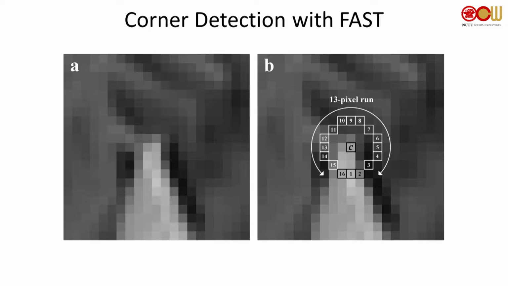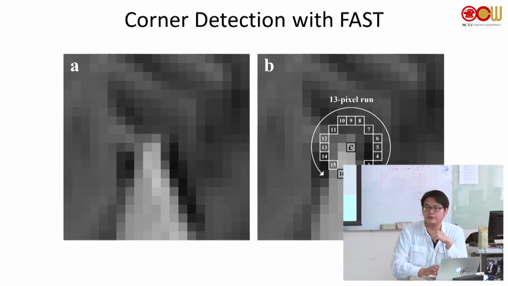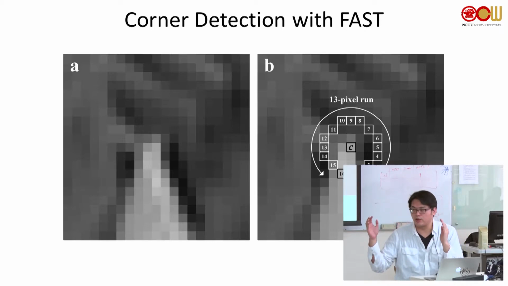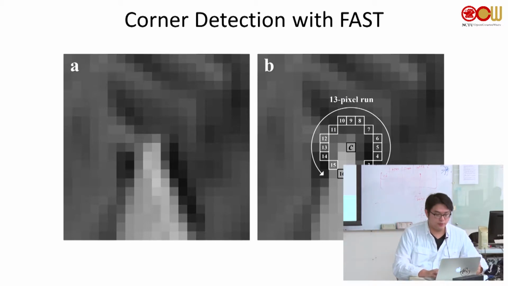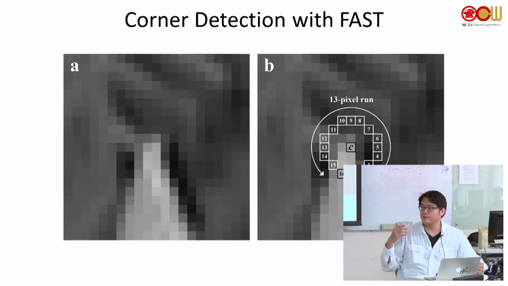So we will have a string composed of zeros and ones, for example 0, maybe 0, and then 1, 1, 1, 1, 1, 1, etc., and then back to 0, 0, 0. Essentially, we want to find the longest run of ones, so that we see this is one of the corners. This is the basic principle of the FAST corner.